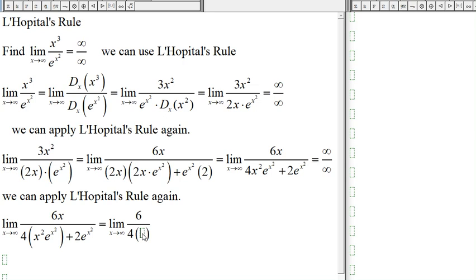So this product would be x squared times the derivative of e to the x squared, which is 2x e to the x squared, and then plus e to the x squared times the derivative of x squared, which is 2x.